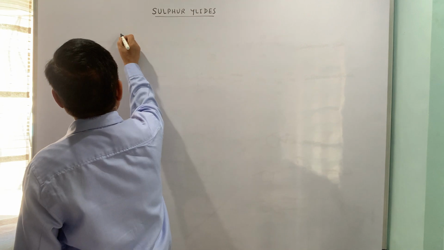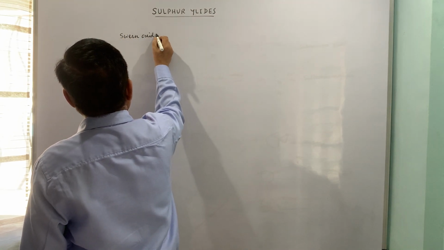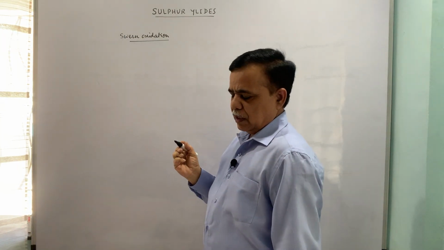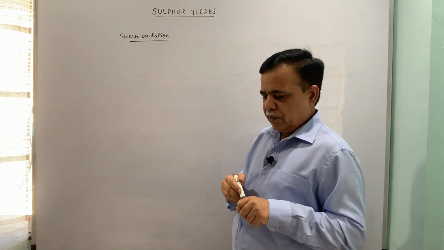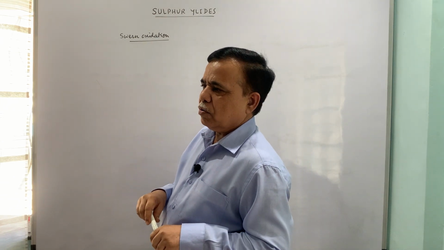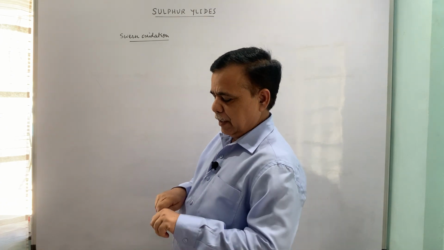Now the next reaction is Swern oxidation. This is the oxidation of primary alcohols to aldehyde or secondary alcohols to ketone, that is the reaction.